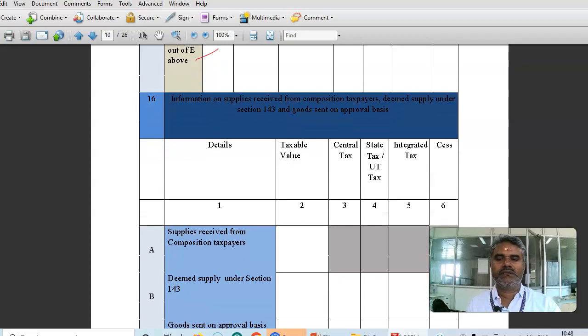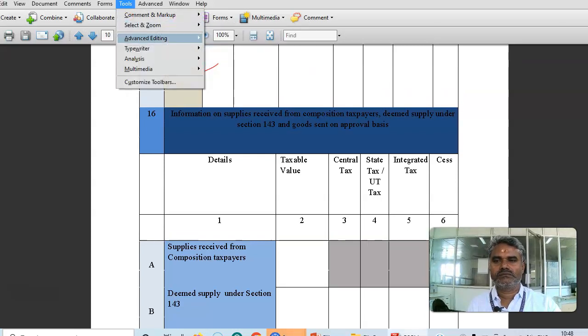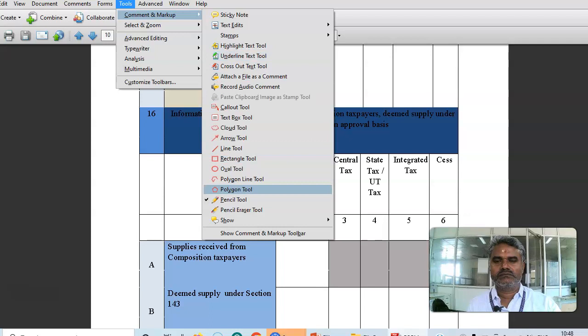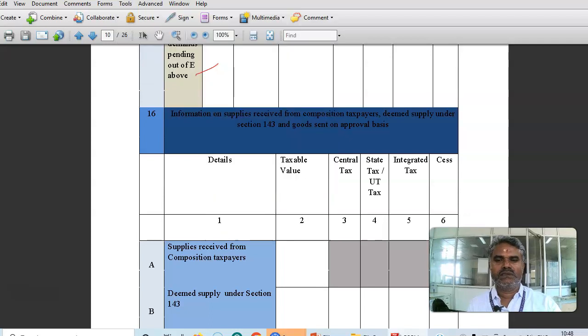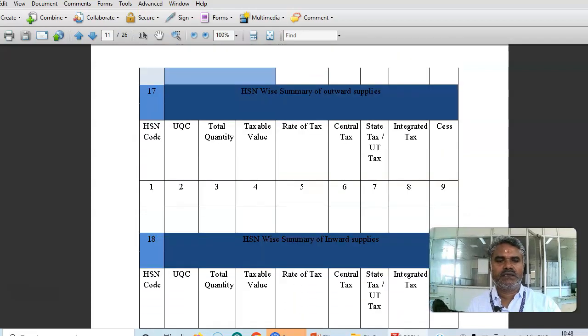Next, information on supplies received from composition taxpayers, deemed supply under section 143, and goods sent on approval basis.